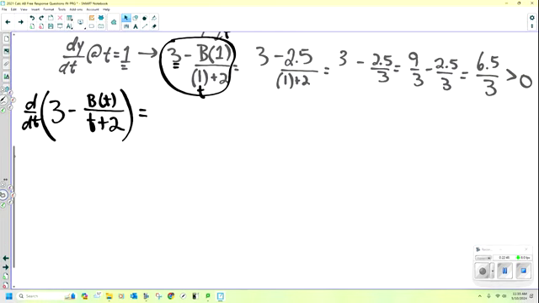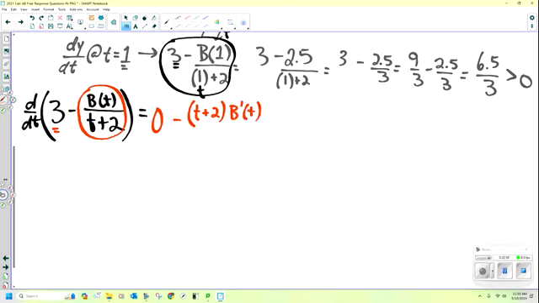The derivative of 3, 0. Minus. I have to do the quotient rule here. It is low, which is t plus 2, times the derivative of the high, which is b prime of t, low d high, minus the high, b of t, times the derivative of below. The derivative of that denominator is just 1.